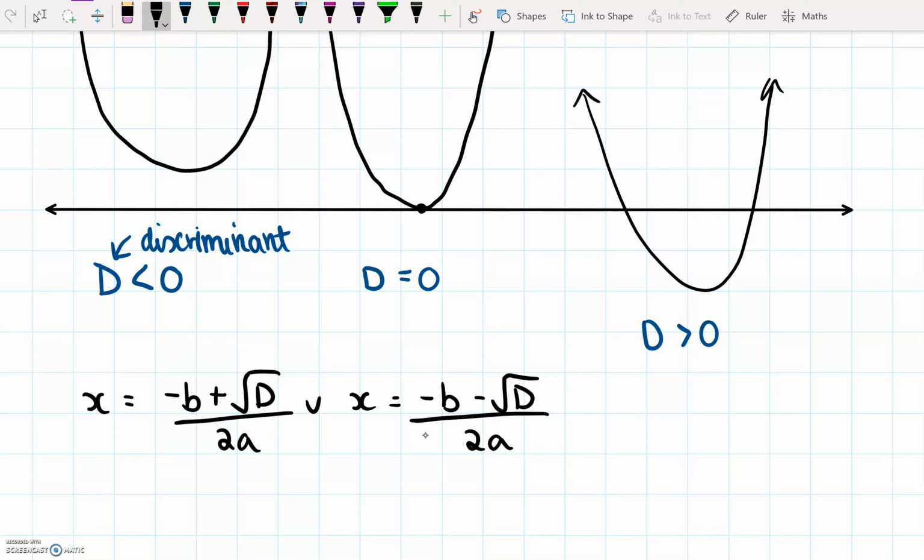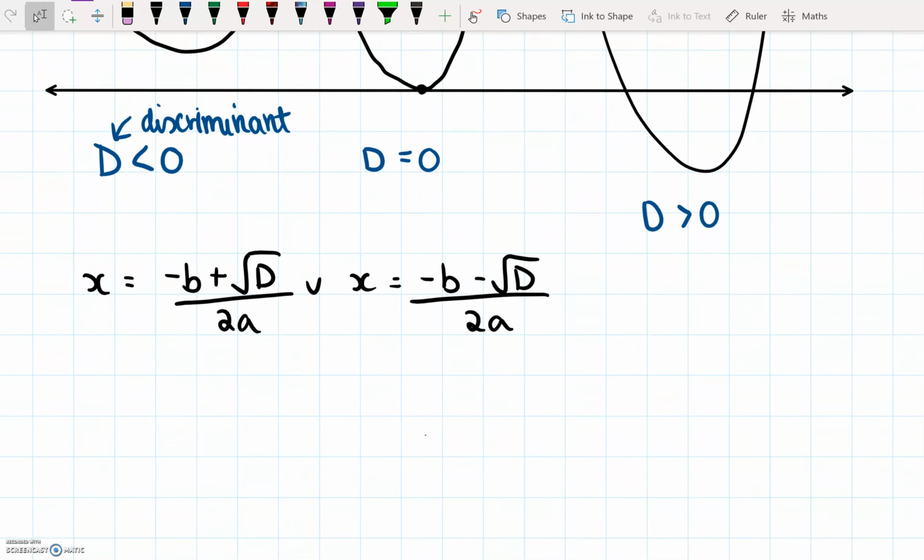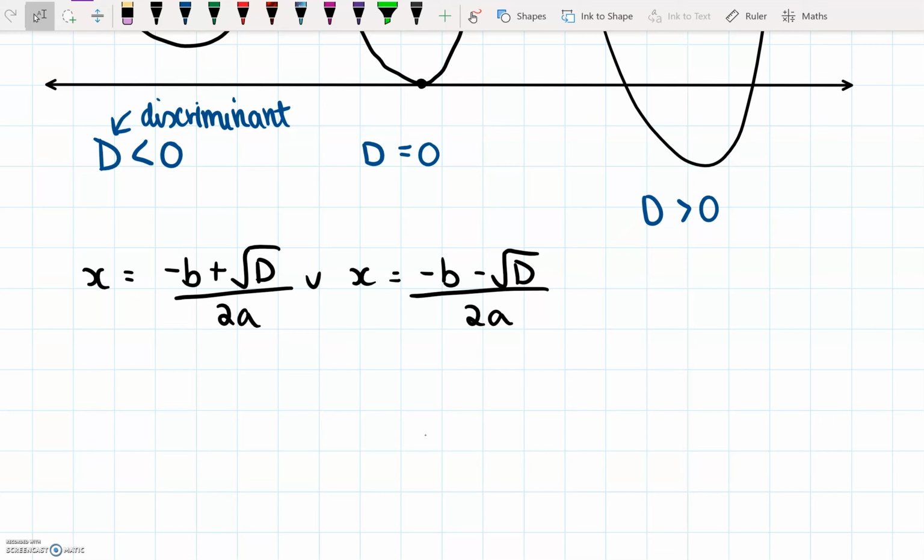Now, in the first instance, the discriminant is less than 0. So if we make d negative, we would have negative b plus the square root of negative d over 2a.